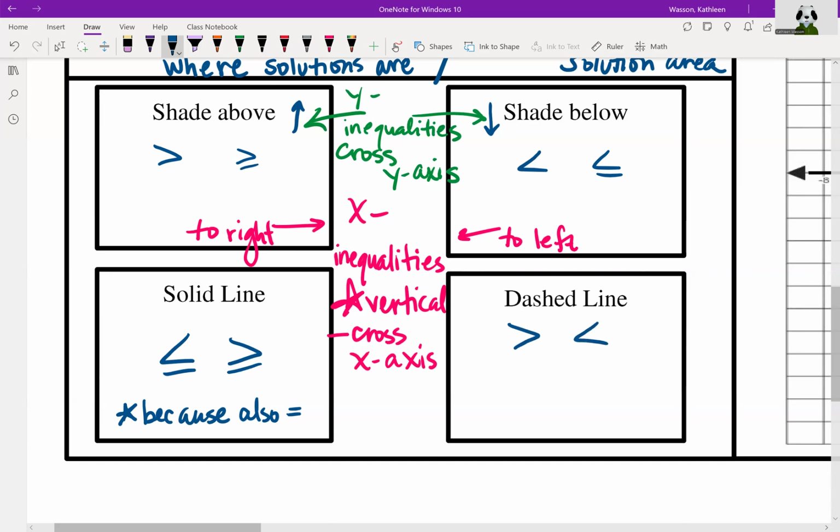You need to make sure that you remember any point on a dashed line are not solutions.